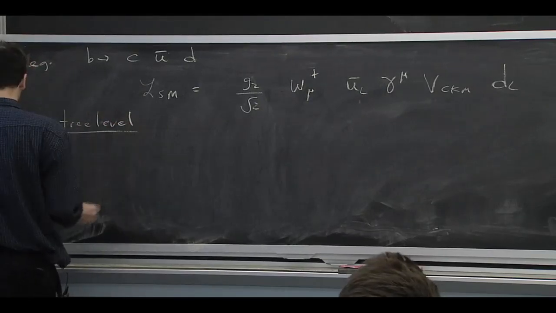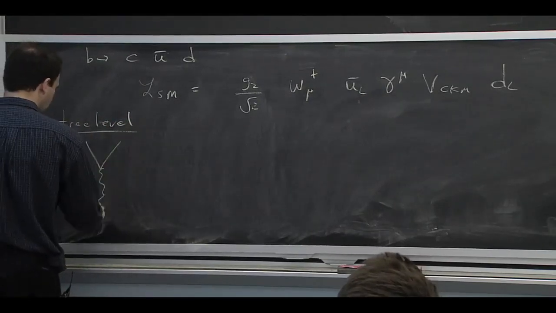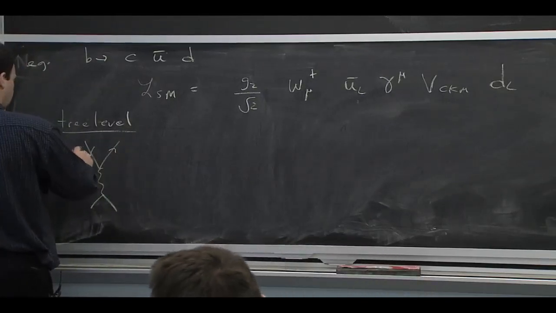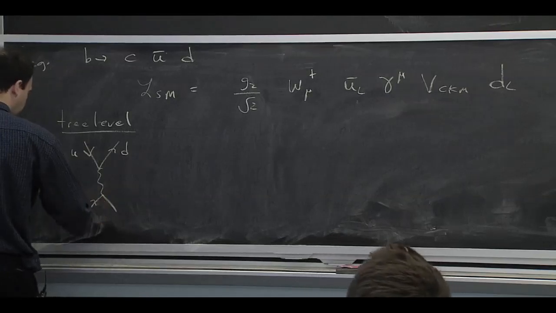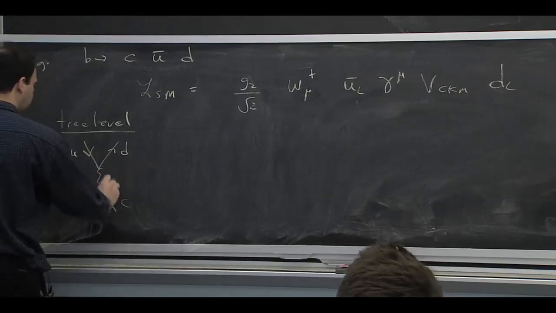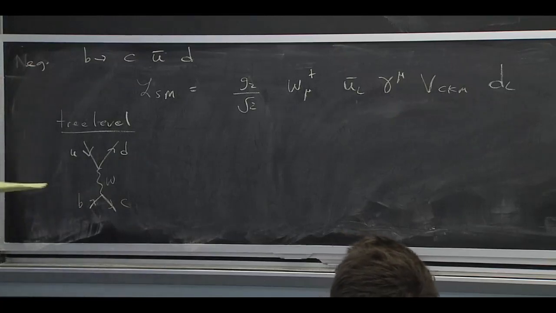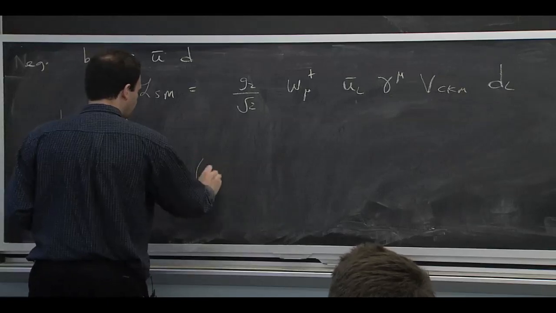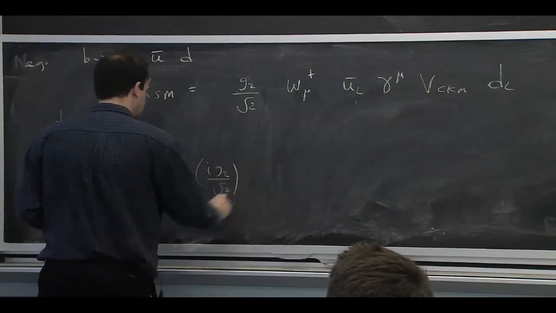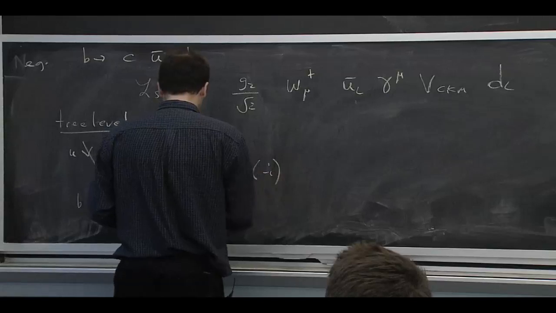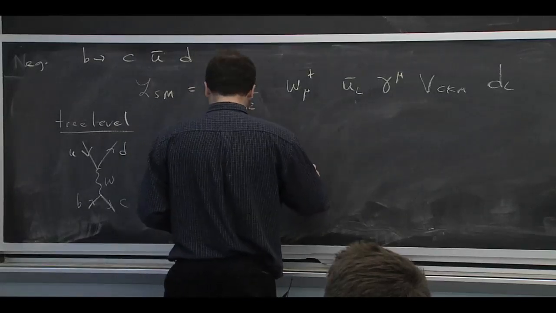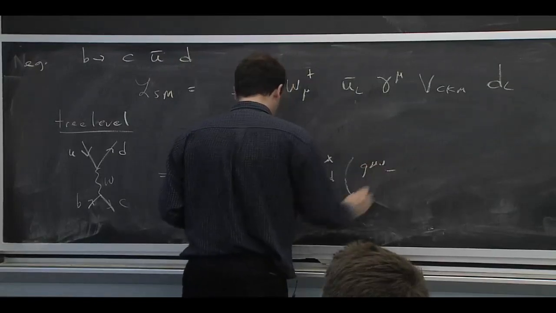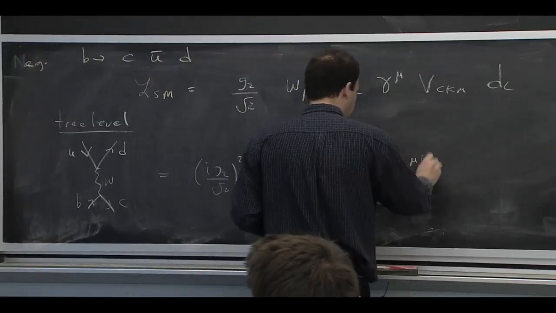And tree-level matching is easy, and some of the complications I want to talk about will come into the loops. So let's first get through the tree level and set up some notation, and then we'll talk about what happens with the loops. So tree level, this is the diagram in theory 1. Just calculate it at tree level. W propagator, unitary gauge.